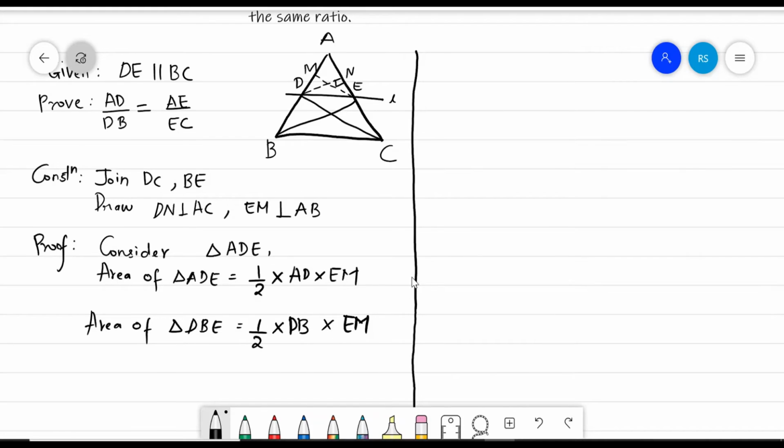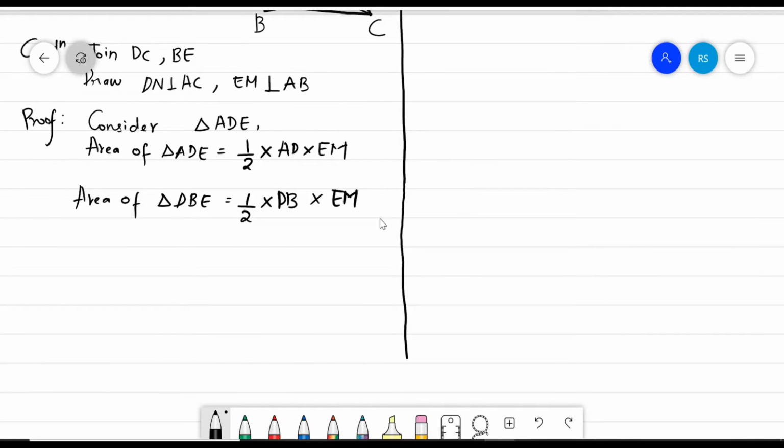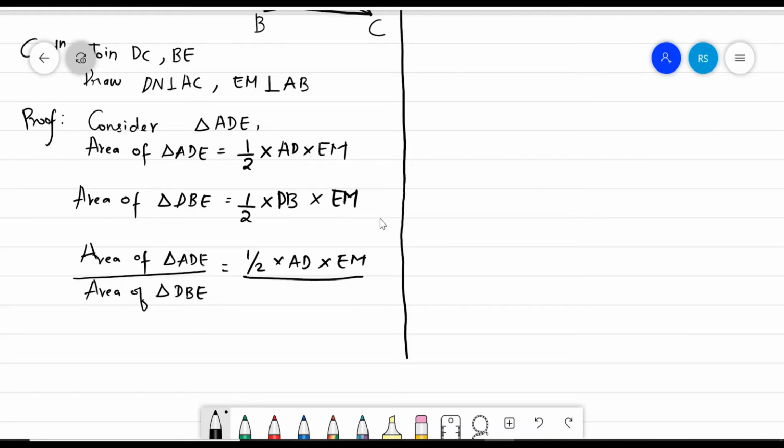Now we will divide these. Area of triangle ADE upon area of triangle DBE will give you half AD into EM and half DB into EM.